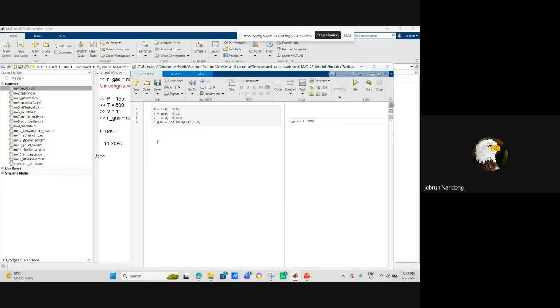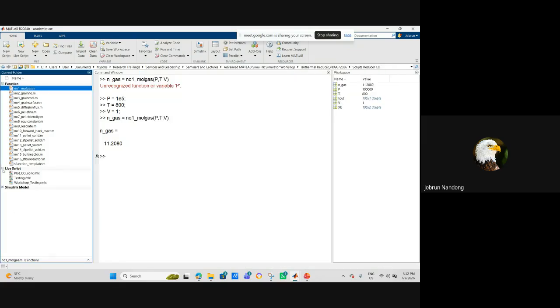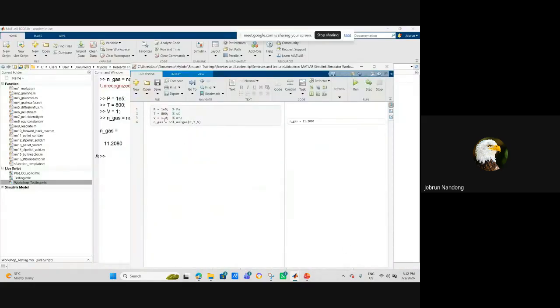Basically, you can see that in the live script here. If you click on the folders, the current folder, the live script is there. So next time we can still call it. Now, if you want to change the value, maybe here we want to change this temperature from 800 to 850. For the reducer, normally we use a maximum of up to around 20 bar. 20 bar is 20 times 10 to the power 5.